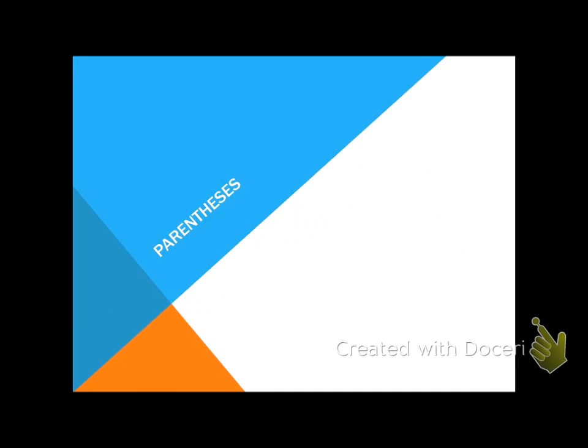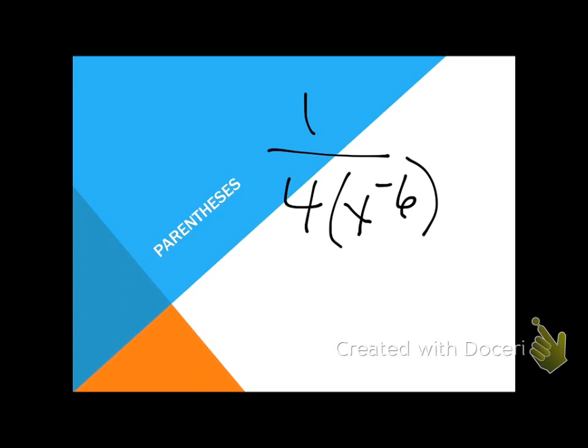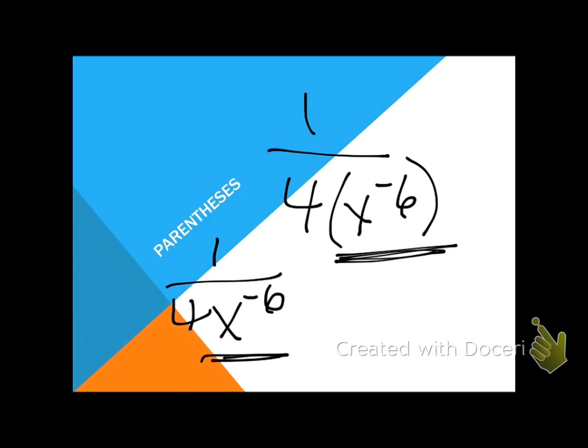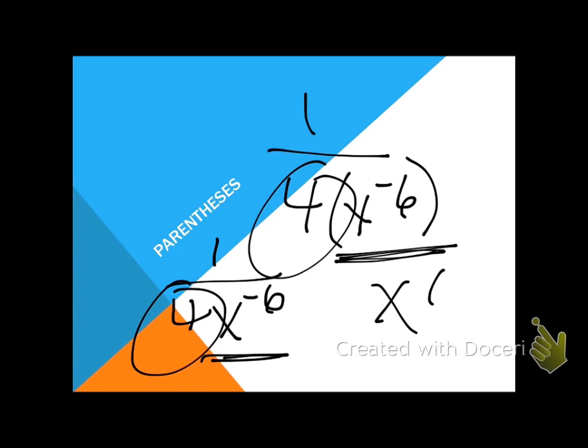But if the parentheses are only around the base and the exponent, actually you don't even need the parentheses right there. You only move the base and the exponent up and not the coefficient. So it would be x^6 over 4.